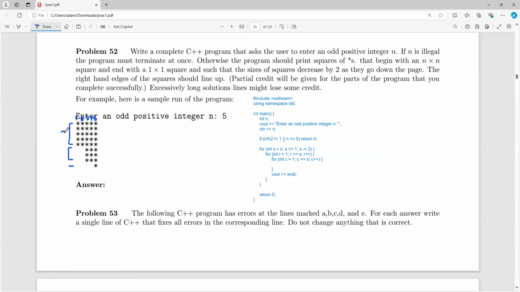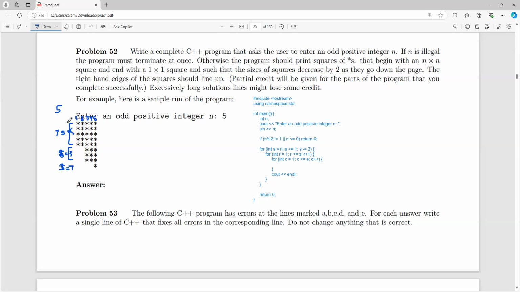This is square 1, this is square 2, this is square 3. Let's say n is 5 here. Here s is going to be 5. s is going to be 3. s is going to equal 1.